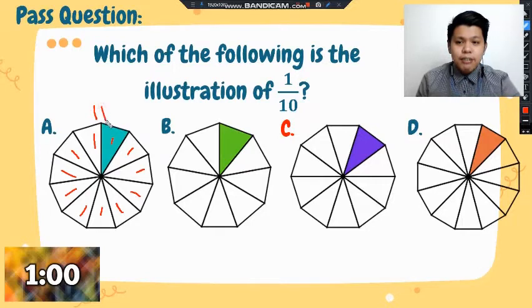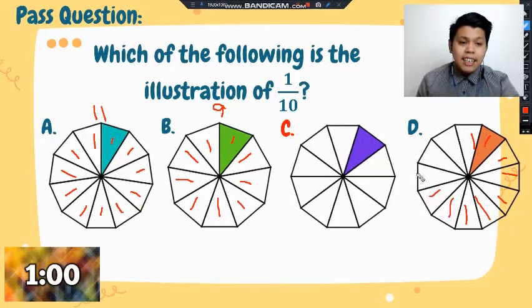So this is 11, not our answer. 1, 2, 3, 4, 5, 6, 7, 8, 9. Still not the answer. And for letter D, 1, 2, 3, 4, 5, 6, 7, 8, 9, 10, 11, 12. 12 is not our answer.